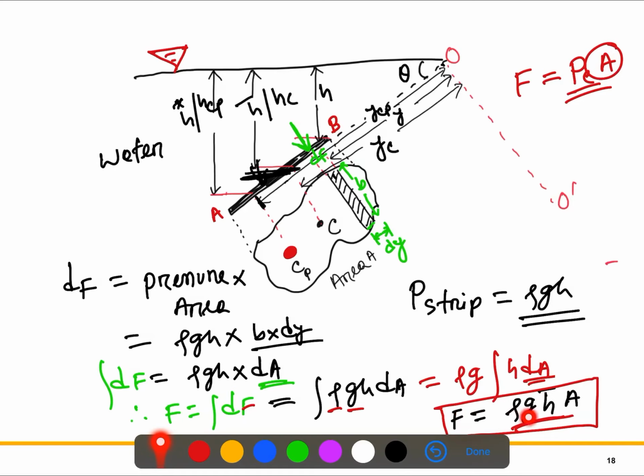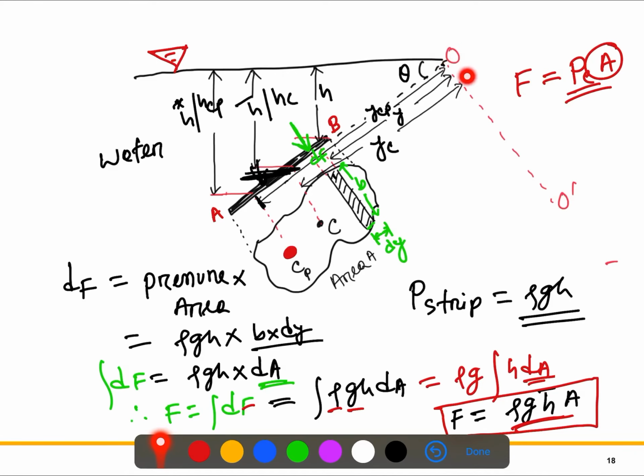So this is how we calculate the resultant force. Now we will calculate the location, that means we will calculate this h bar. To get it, initially we'll calculate the moment. On this strip, this is the differential force dF acting, and to calculate the moment we need the force and the perpendicular distance on this surface, OO dash.